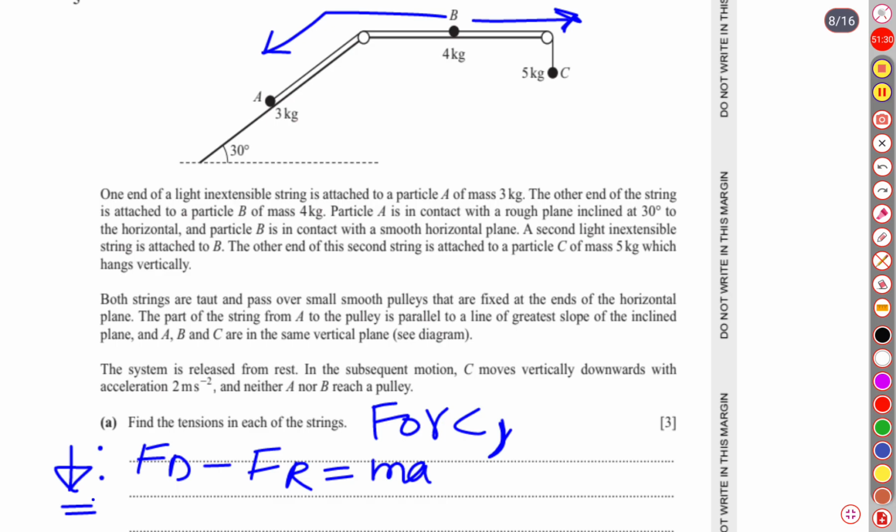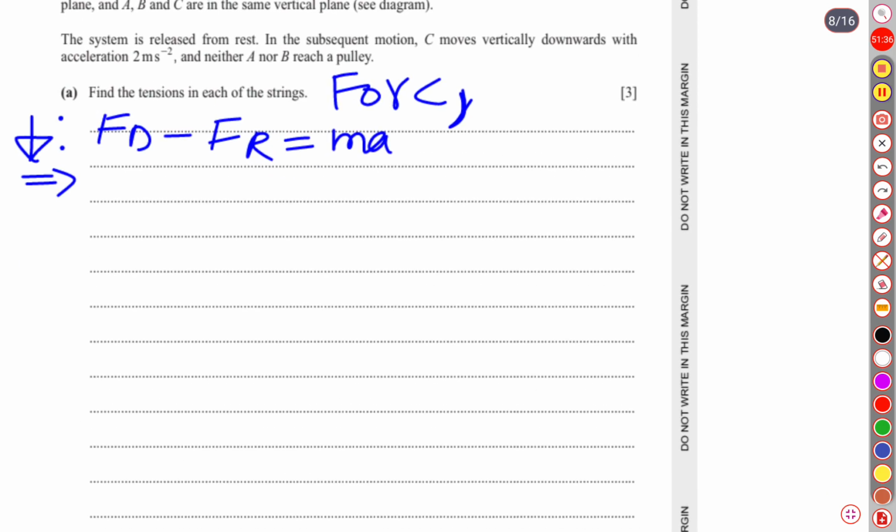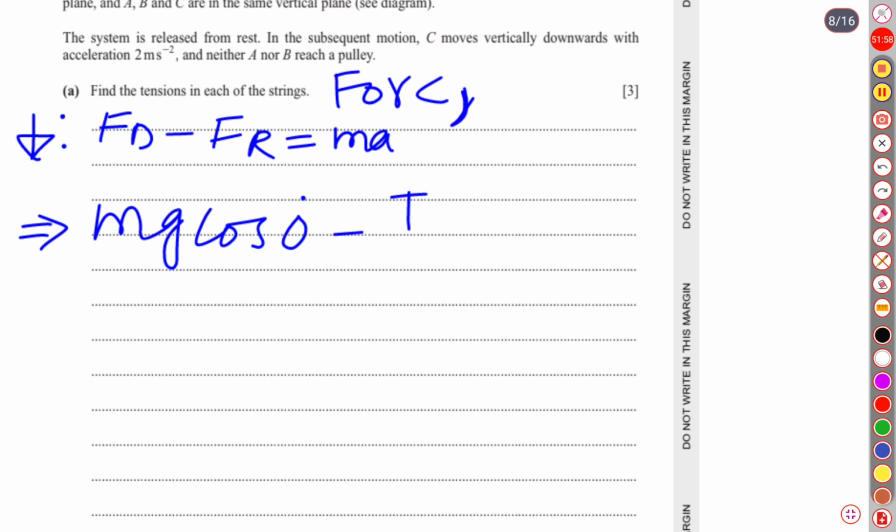What is our driving force for C? It is nothing but the weight, so we will write mg cos 0 degree, minus the resistance to motion, which is the tension in the string BC.